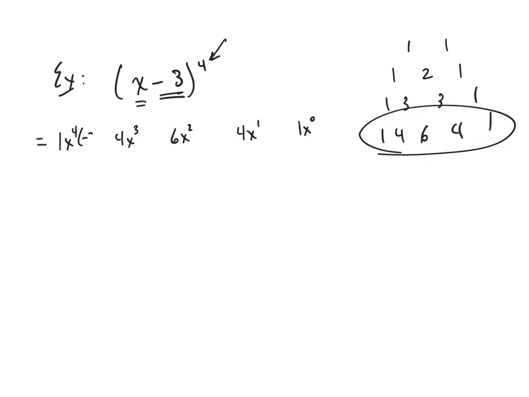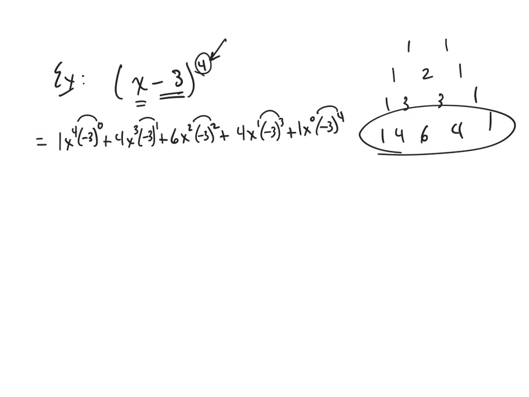So we have to start not with 3 raised to the 0, but negative 3 raised to the 0. Then negative 3 to the 1st, to the 2nd, to the 3rd, and to the 4th. Again, please notice the powers all add up to 4, the power that we started with.